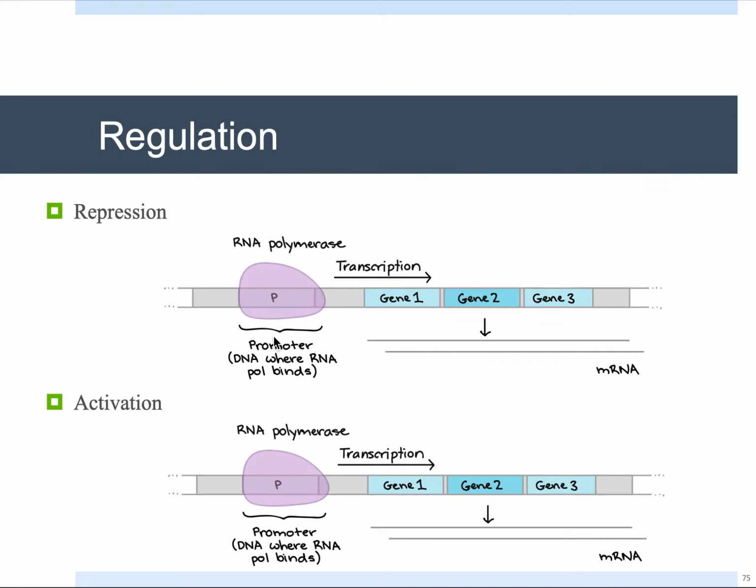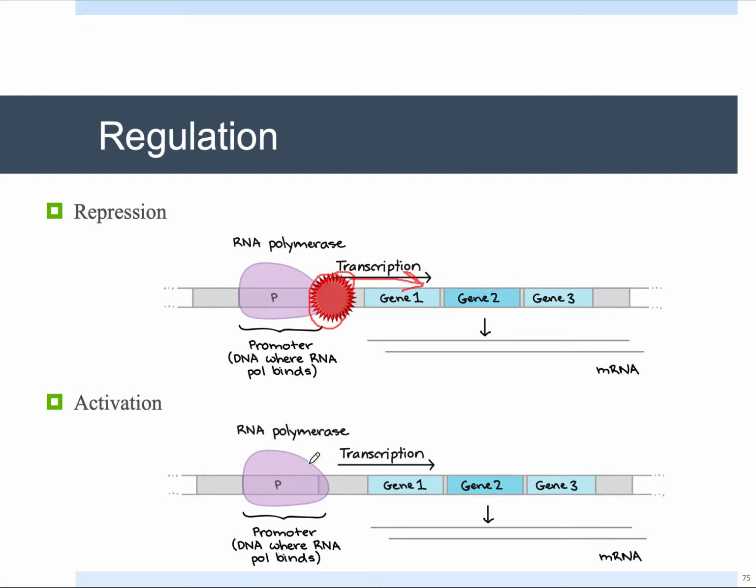So we have two types of operons. You have the repressible operons and the inducible operons. So operons can be repressed or they can be activated. A repressed operon will have a molecule that will attach next to where the promoter region is, where the polymerase binds, and prevents the process of transcription from taking place.